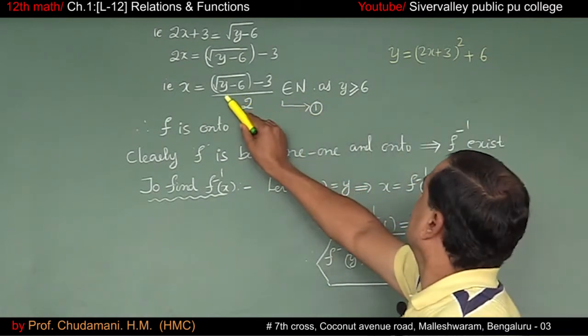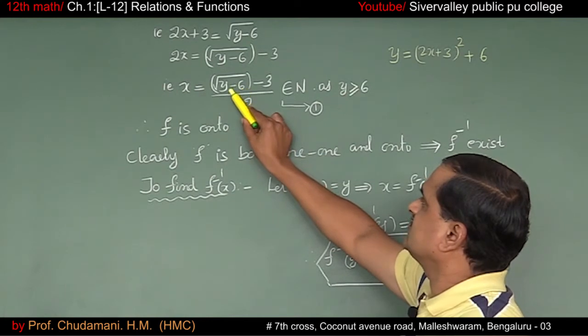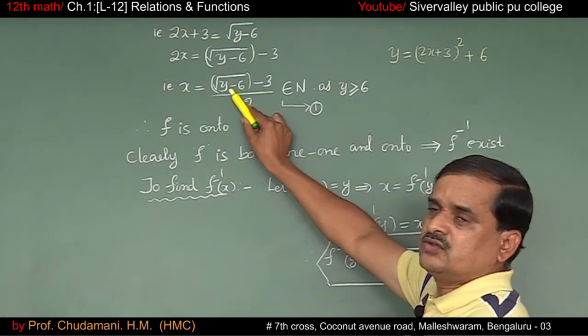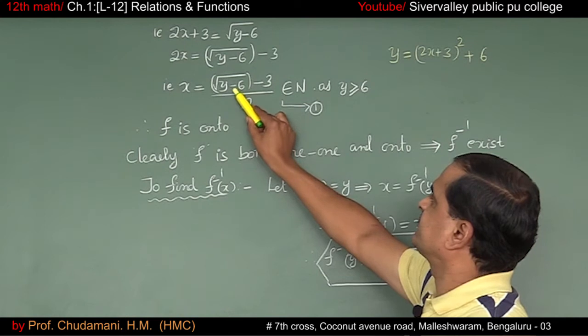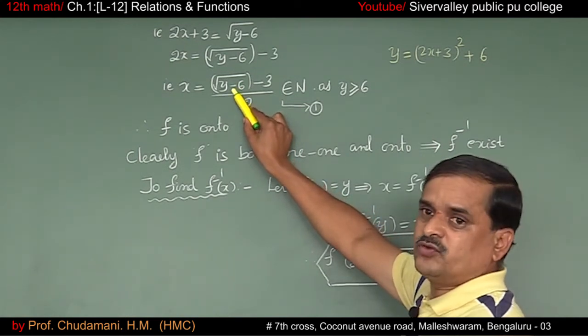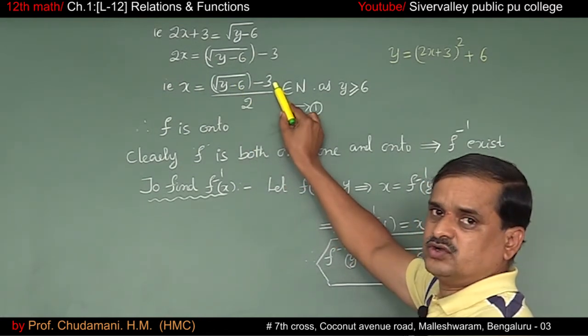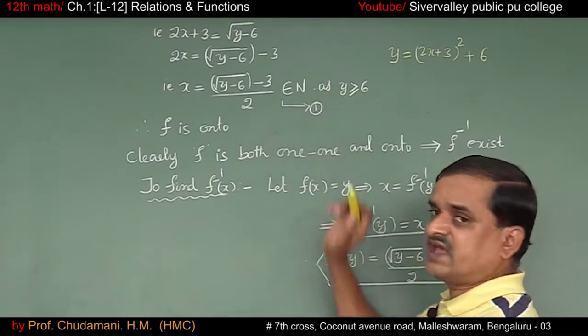Come to here, y is 31, 31 minus 6 is 25, root 25 means 5, 5 minus 3 means 2, 2 by 2 is 1, which is a natural number.